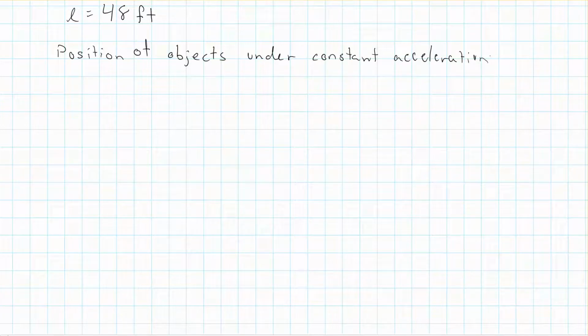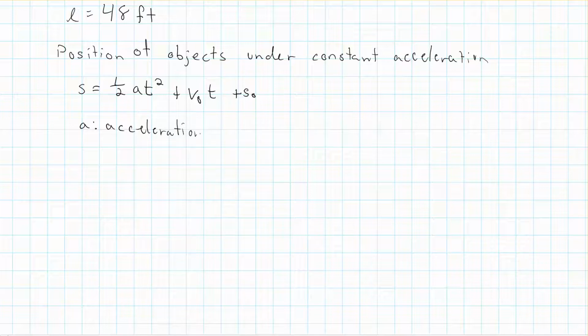So there's a formula here, and the formula is S is equal to 1/2 AT squared plus V0t plus S0. And here A is acceleration, V0 is initial velocity, and S0 is initial position.